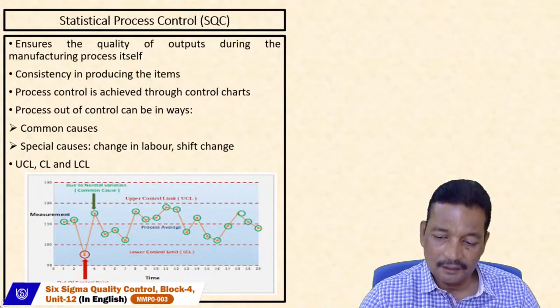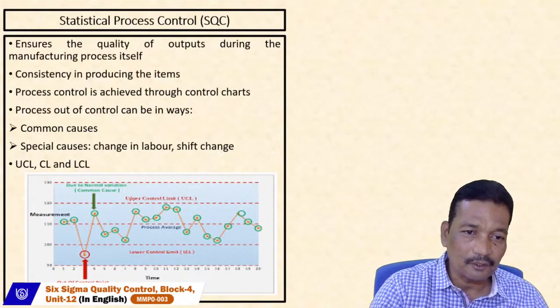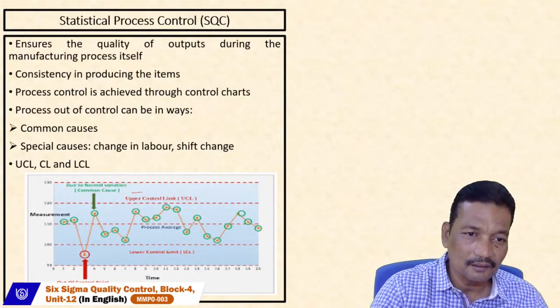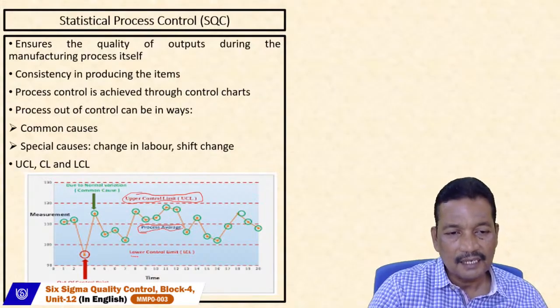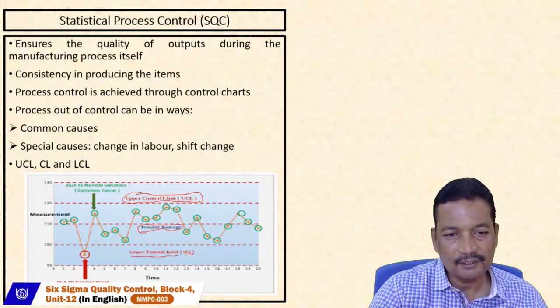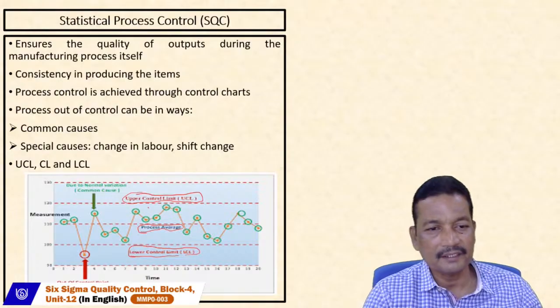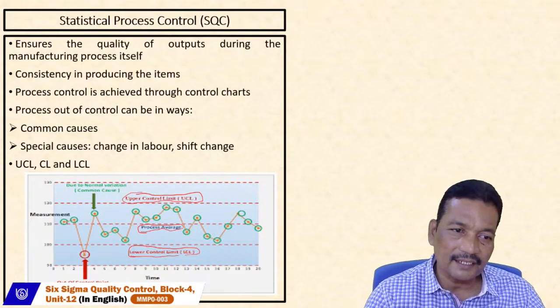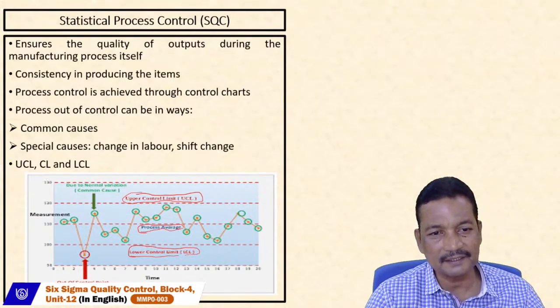The upper acceptable limit is called the upper control limit. This is the average line, and how much it can go downwards, it will represent as lower control limit. All of us see the line is moving around the central line as time is passing by.